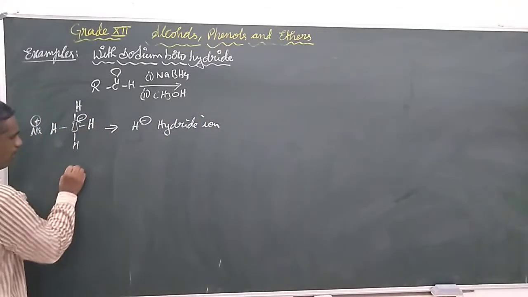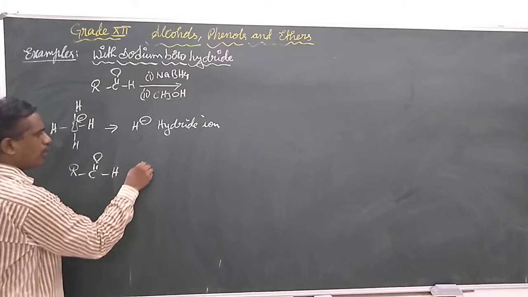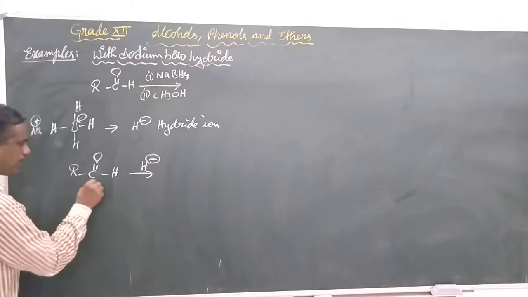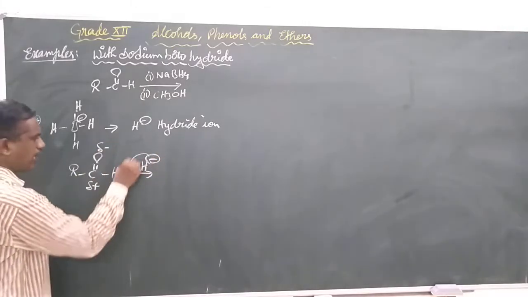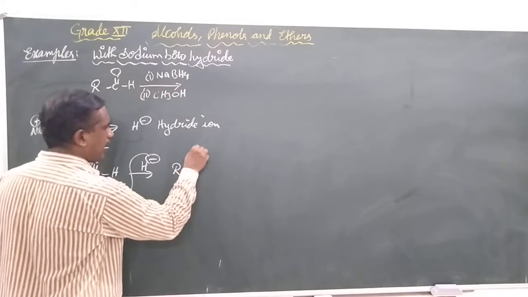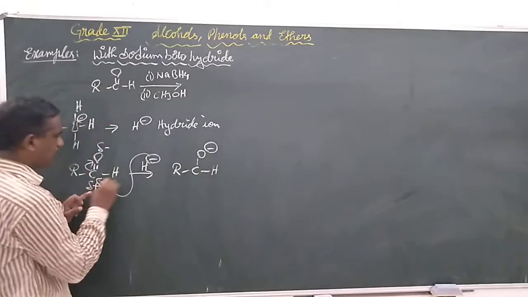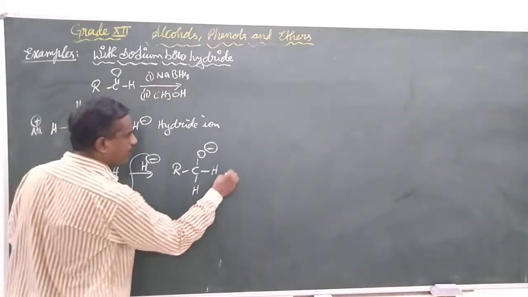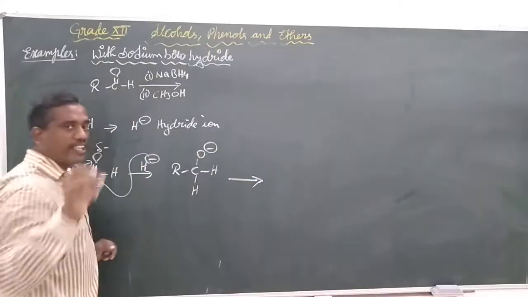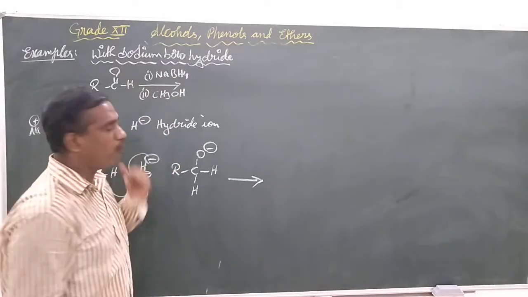This hydride ion is added to the carbonyl group due to the partial positive and partial negative charges, and migration of the pi bond takes place, giving RO minus. Here one hydrogen is there already and one new hydrogen was added. The only difference is we have methanol in place of water.